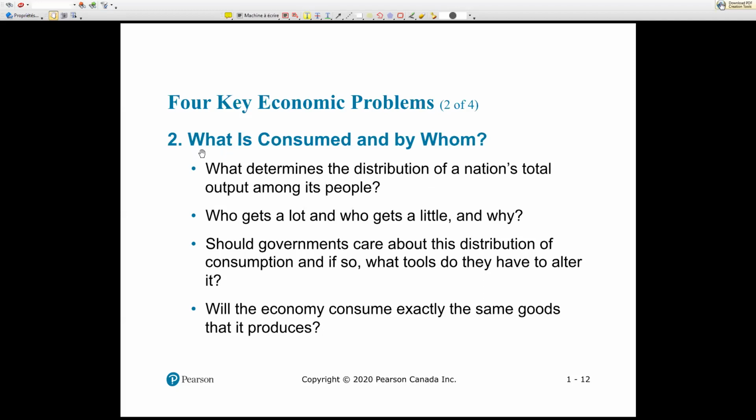And now, once we have our goods, who consumes them? What decides who is going to be able to consume one good or the other? If we are in a capitalistic or market-based economy, does somebody have an idea who gets to consume more goods than the others? The rich people.